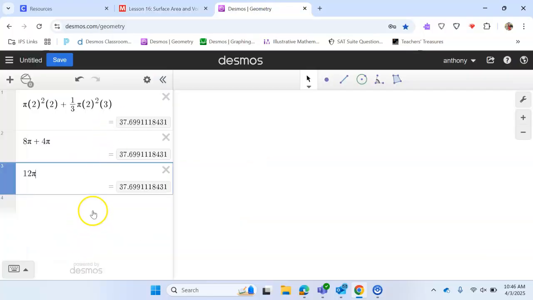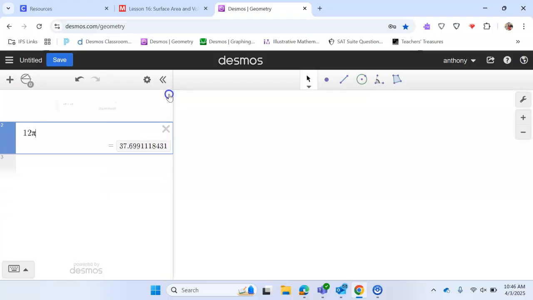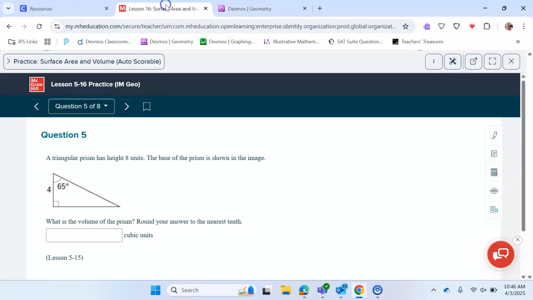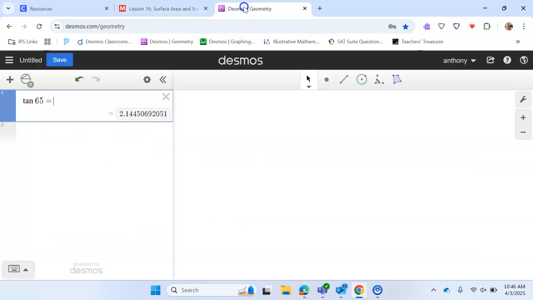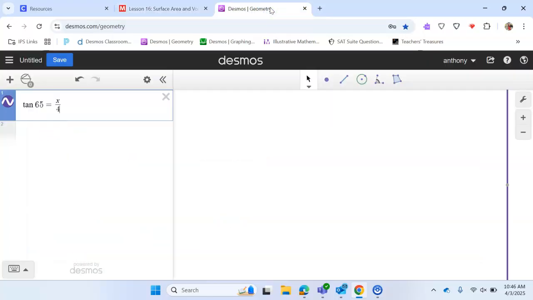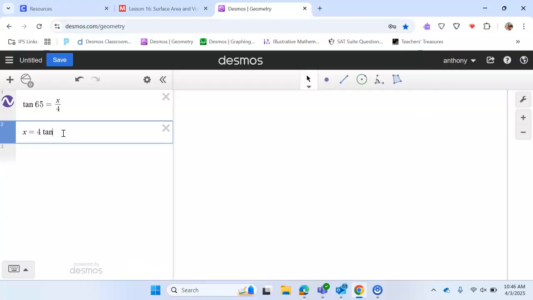The tangent of 65 degrees equals opposite over adjacent. We're trying to find the opposite, which is x, and the adjacent is 4. That means x is 4 times the tangent of 65. We're going to use that as the base.